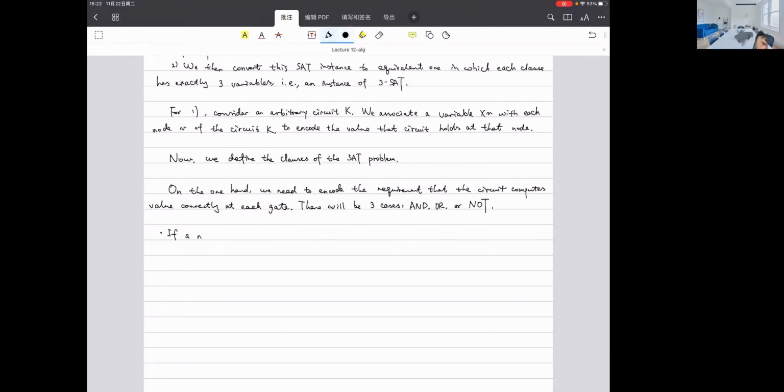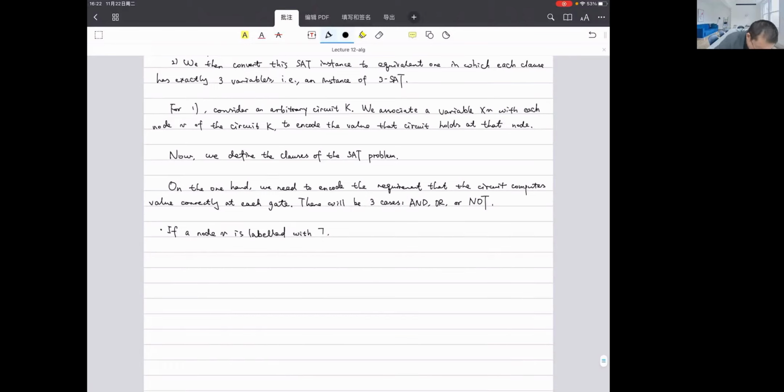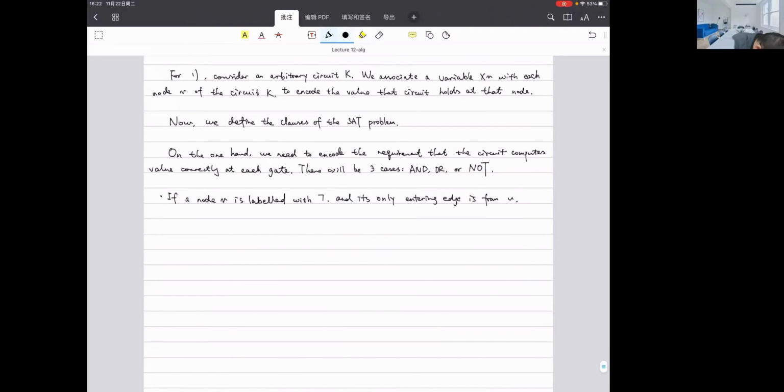If a node V is labeled with NOT, it has only one input, and its only entering edge is from U. So we have a NOT gate like this, and we are marking the output as XV, but we know that the input is coming from XU.